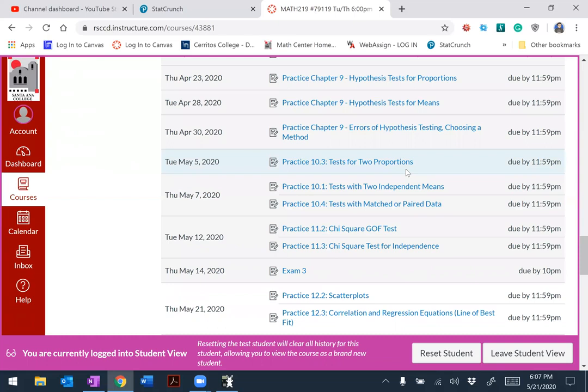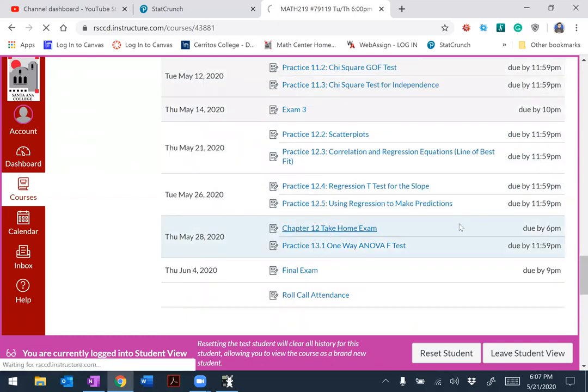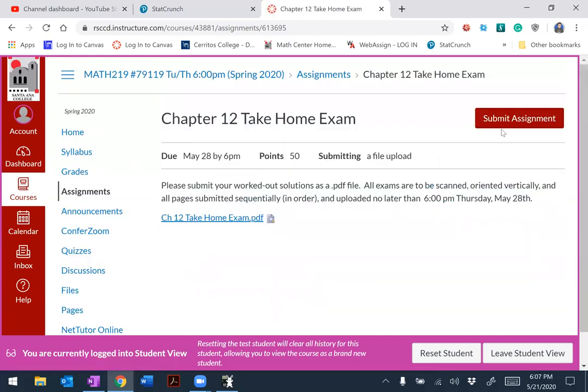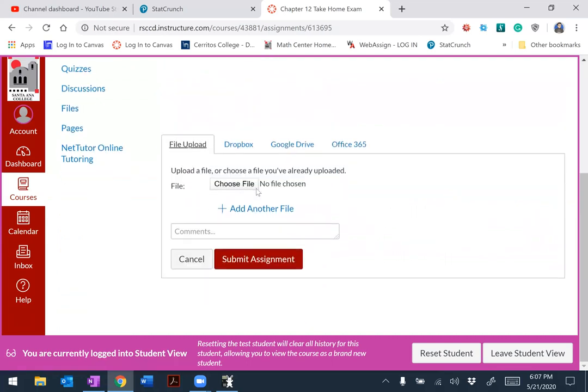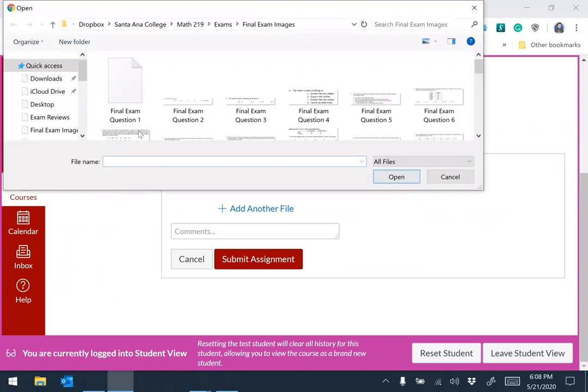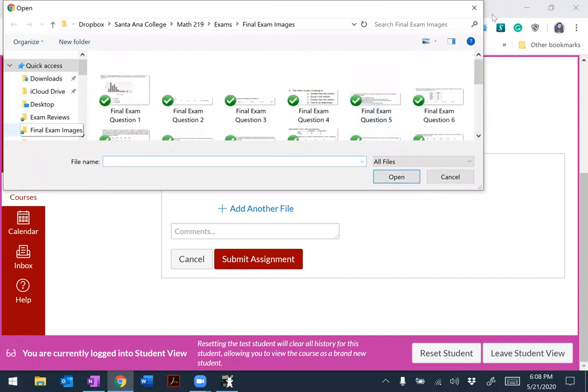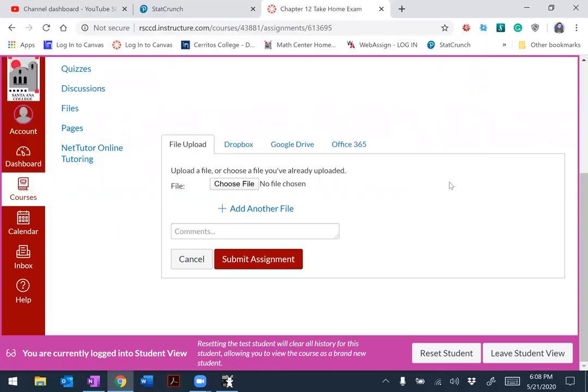When I go to this guy, it says take home exam. It'll say submit assignment. And if I click on submit assignment, it asks me, what do you want to do? Do you want to upload it as a file? You want to go to Dropbox, Google Drive, or Office 365? You're just going to upload it as a file. And then you'll choose your file, and then you'll upload your PDFs from your computer. And then you just click submit assignment.